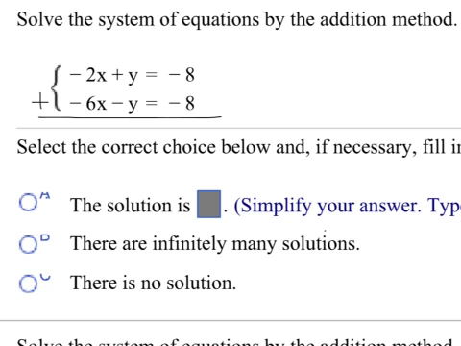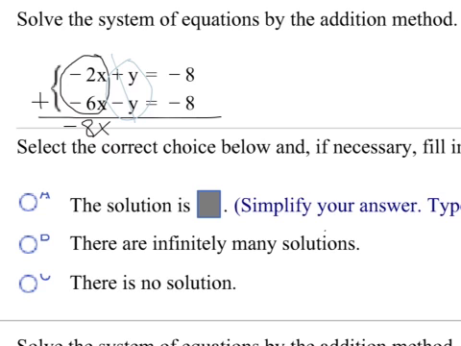So if I add negative 2x plus negative 6x, I'll get negative 8x. And then if I add positive y plus negative y, I'm going to get 0. That eliminates the y values.